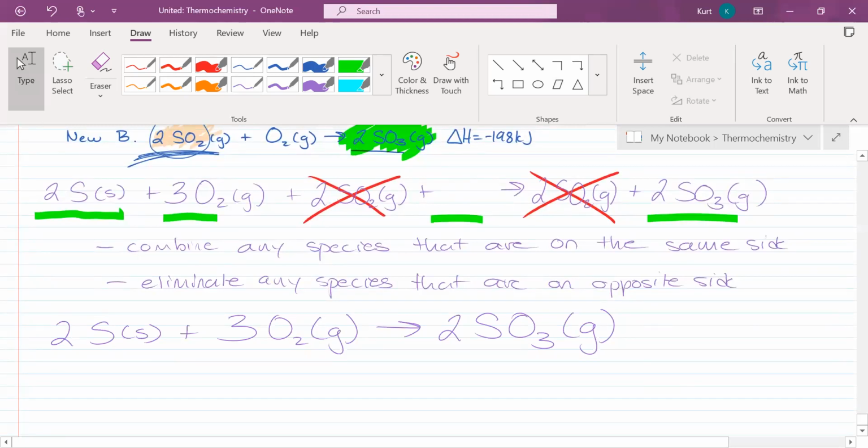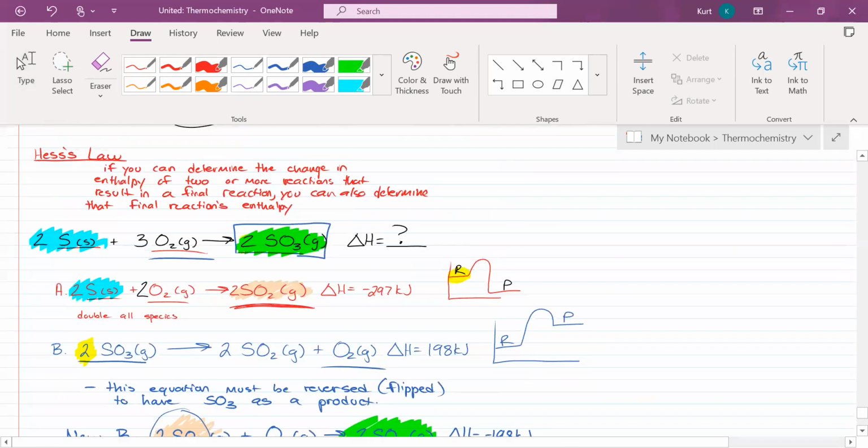We now have the same identical equation that we had at the beginning. And let's do our change in enthalpy. But there's one thing that we didn't do up top. We doubled everything for equation A, right? So what do we have to do with the enthalpy? You have to double that too. So times 2 is negative 594 kilojoules. Almost left that out.